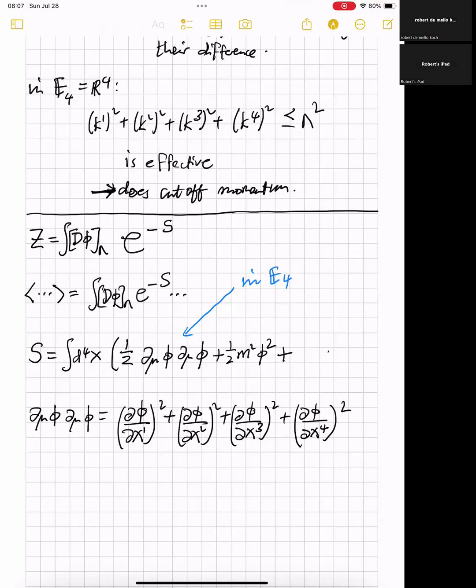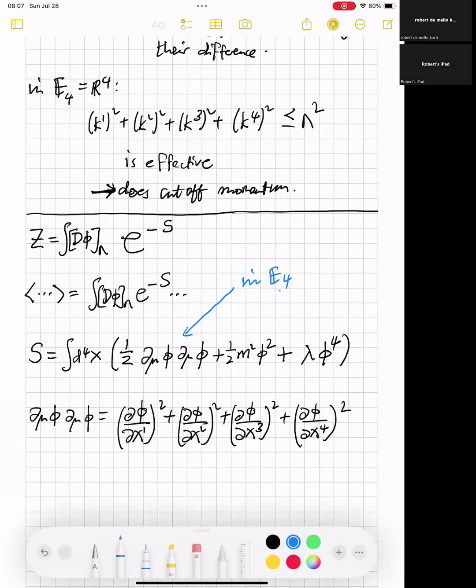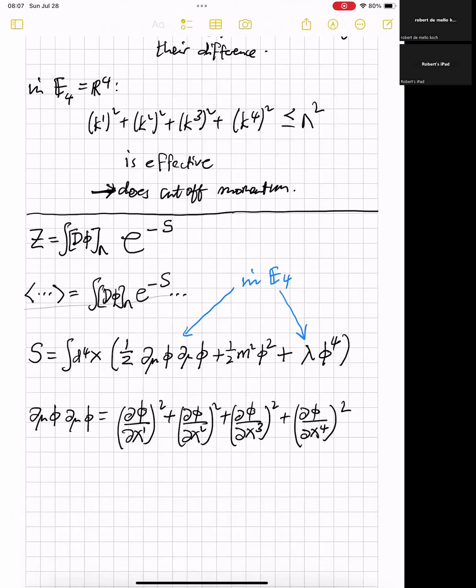I'm still going to have a phi to the 4 interaction, but I'm now going to call the coupling lambda. And calling the coupling lambda is another little notational nudge to tell you that I am working in Euclidean space. Good. So that's the action that we're going to work with.